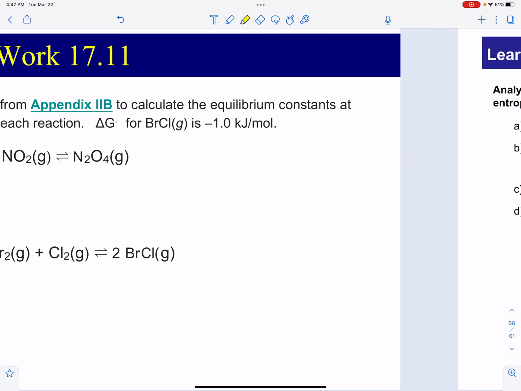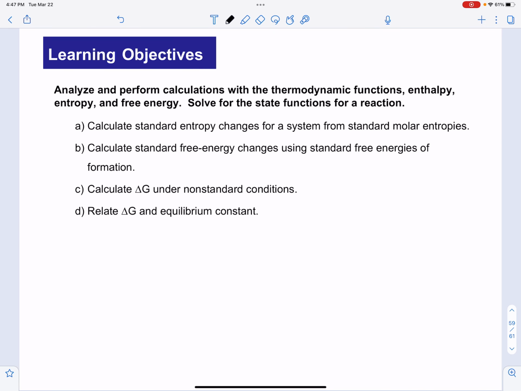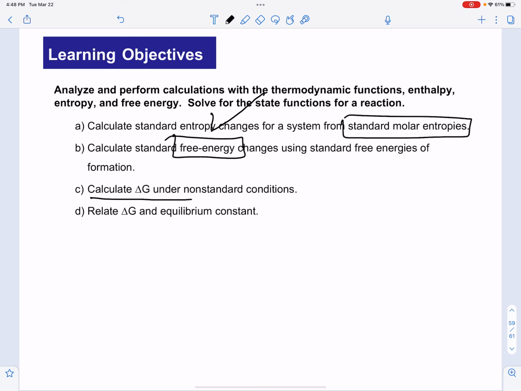So that brings us to the end of the chapter, where we discussed how to find the entropy changes using the standard molar entropies given in the appendix. You can do the same thing with the Gibbs free energy. We saw how to calculate delta G under non-standard conditions.